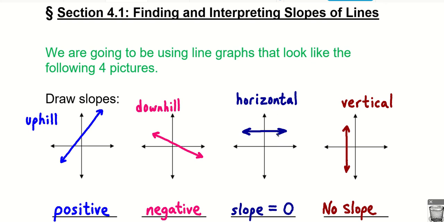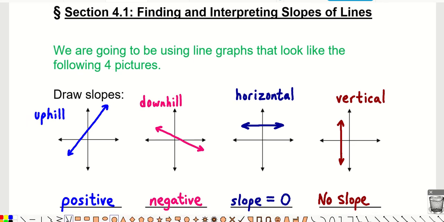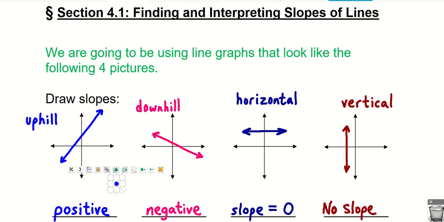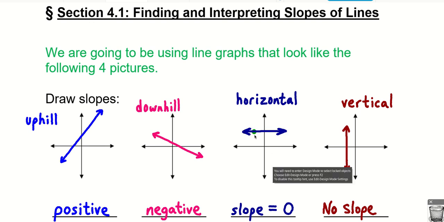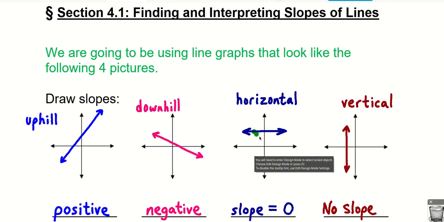If you have a horizontal line, okay, let's make this real nice, I guess. Let's go green. So let's say you have a horizontal line and you are calculating the slope of that, right? I mean, what's the definition of slope, people? It's rise over run.